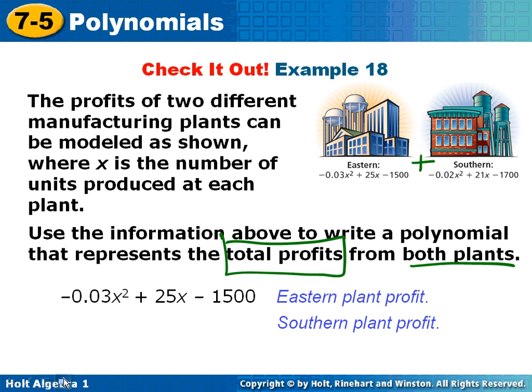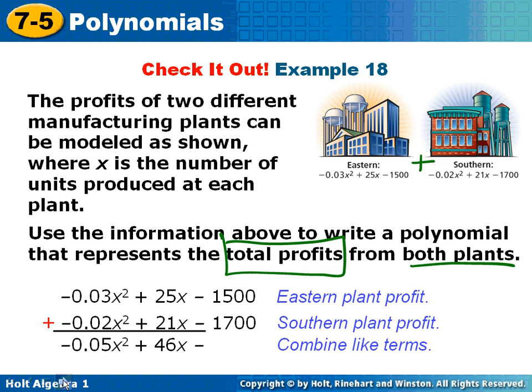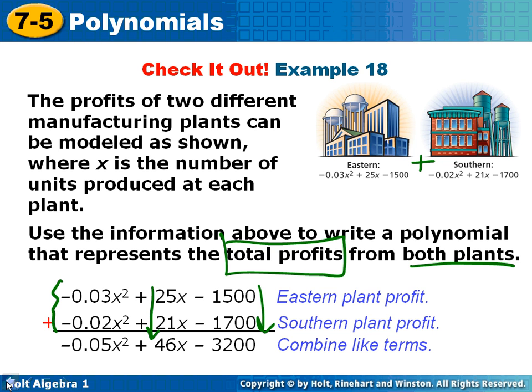The southern plant profit is negative 0.02x squared plus 21x minus 1700. We need to add these two together, and our combined like terms is negative 0.05x squared, you add these down, plus 46x minus 3200. So that is the combined profit from the two different plants.